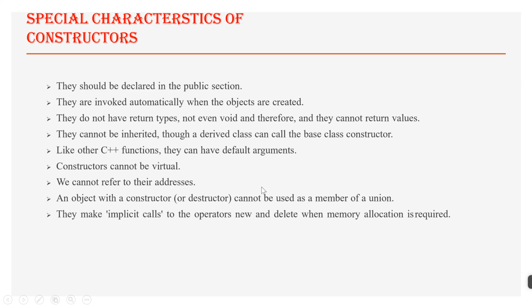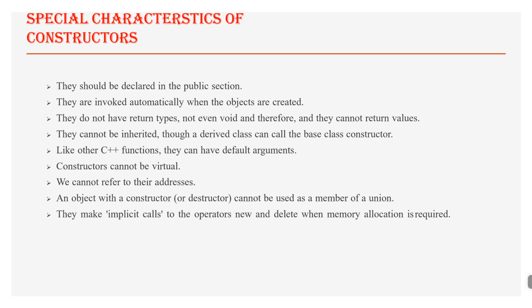Now, what are the special characteristics of constructors? One, the function should be declared under the public section. You cannot define a constructor in a private section. Second characteristic: the moment an object is created, the constructor function is automatically invoked.